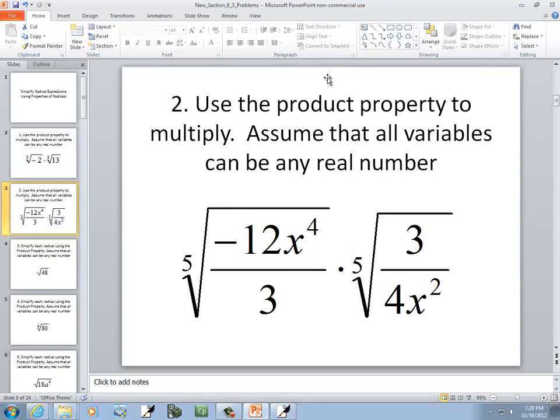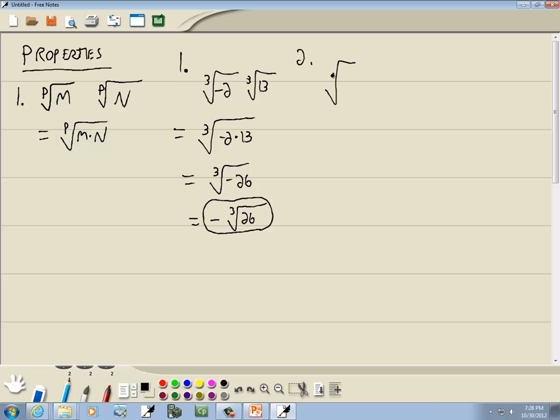Let's take a look at our next one. We've got the fifth root of -12 x to the fourth over 3 times the fifth root of 3 over 4x squared. Now we're multiplying these together, so I'll put them underneath a single radical with fifth root.